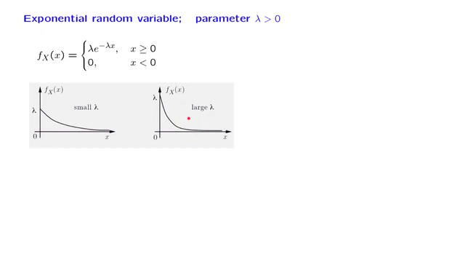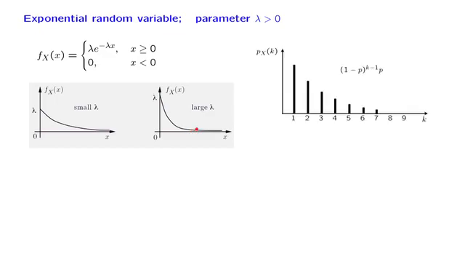Another observation to make is that the shape of this exponential PDF is quite similar to the shape of the geometric PDF that we have seen before, the only difference being that there we have a discrete distribution, but here we have a continuous analog of that distribution.